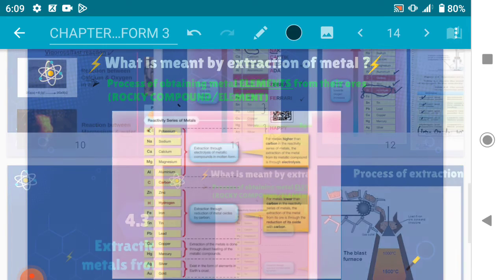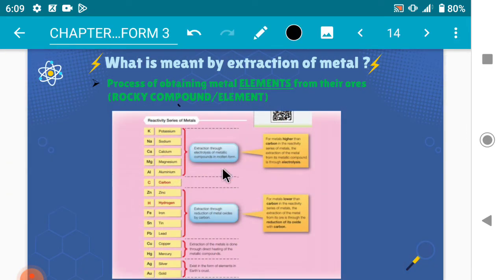Okay, like that. So you can read, this is taken from your textbook. The extraction through electrolysis of metallic compound in molten form is for the first elements in the reactivity series.